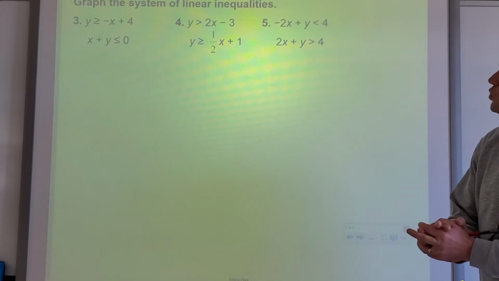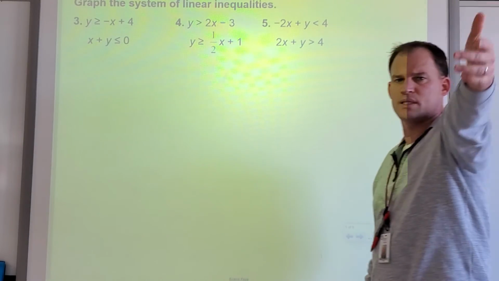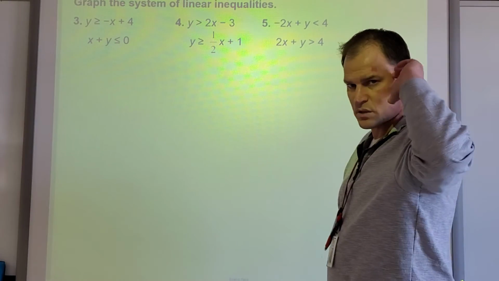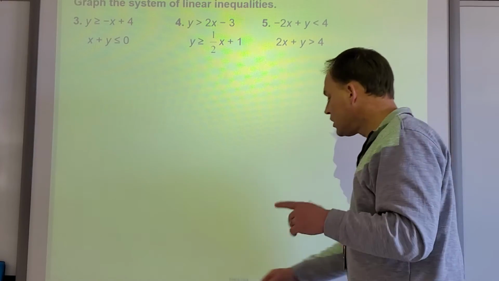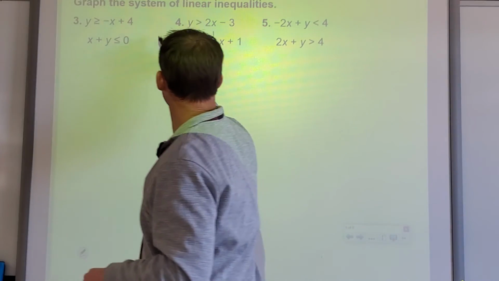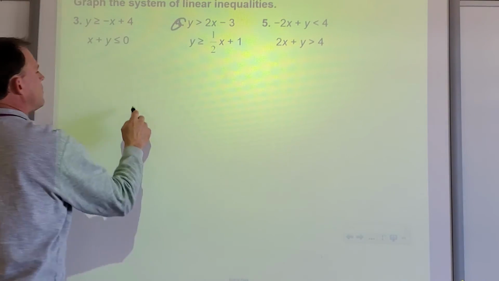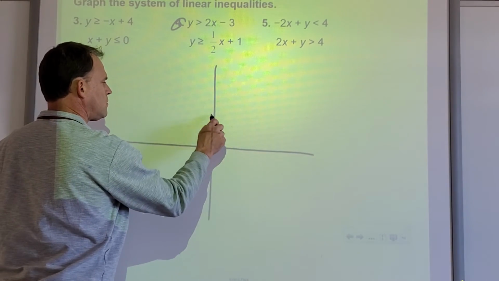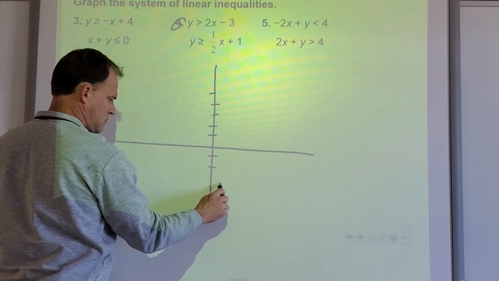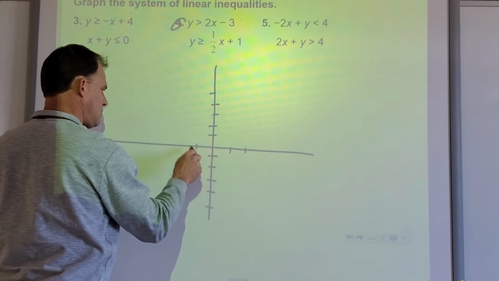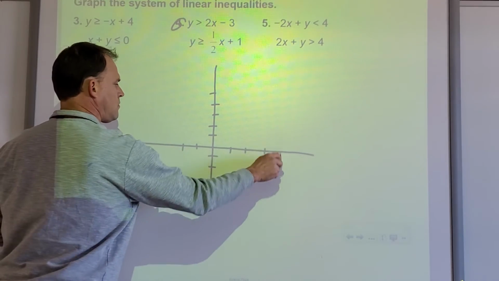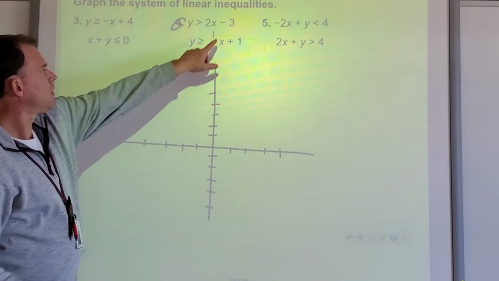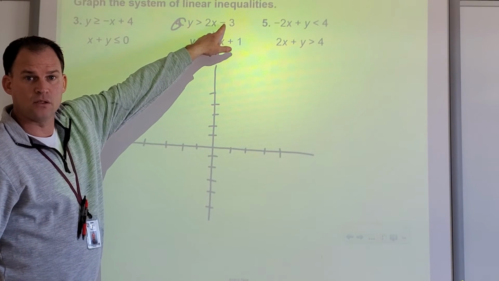All right, let's do one more together. We're going to do this again tomorrow. If it's a little fuzzy in your head, we're going to do it again tomorrow. Let's pick one of these. I'm going to pick number 4 here. Graph these lines.